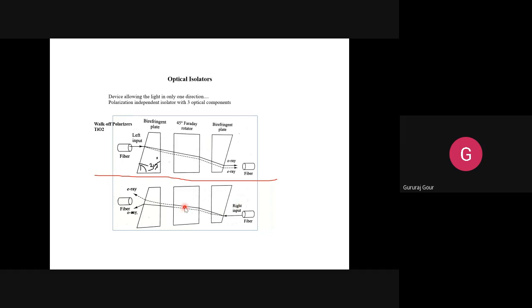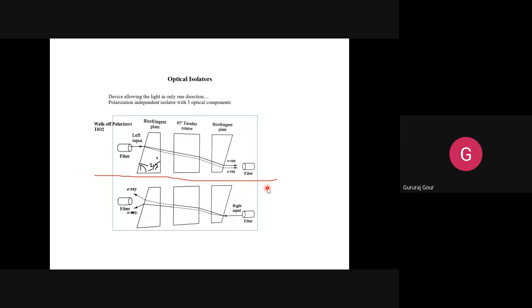It is again reorienting those field components by another 45 degree. Then again it is going to allow those field components which are parallel to this one. So here we are getting more divergent beams as extraordinary ray and ordinary rays compared to this one.